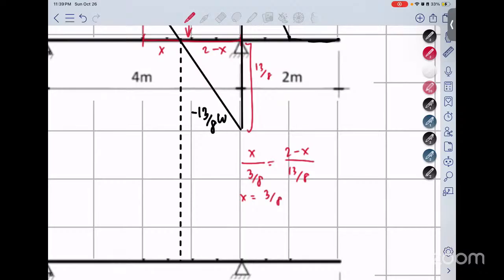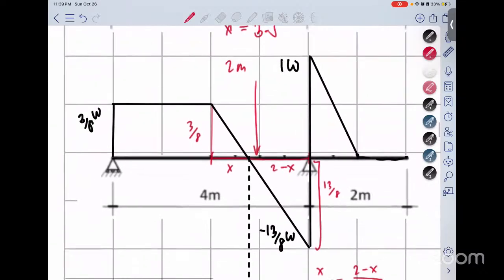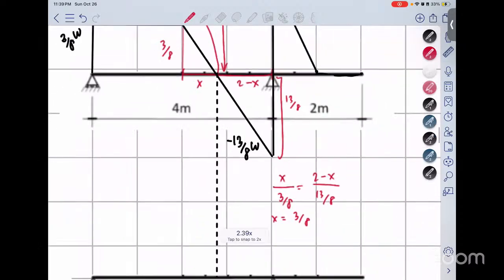Okay, so now we know the length. This is 3/8 plus 2. So we know that this point is 19/8. Yeah, so now this is at x equals 19/8. So now we know this is x equals 19/8 meters. So yeah, we can now proceed.